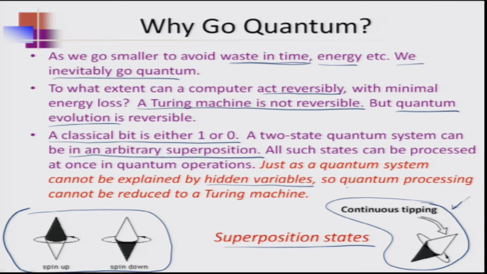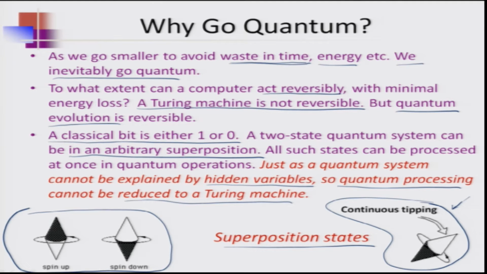This is one of the concepts in the foundations of quantum mechanics. But it was found that just by thinking that there are hidden variables, you cannot explain quantum mechanics. That did not work. Similarly, the quantum process also will not perhaps be reduced to a Turing machine.